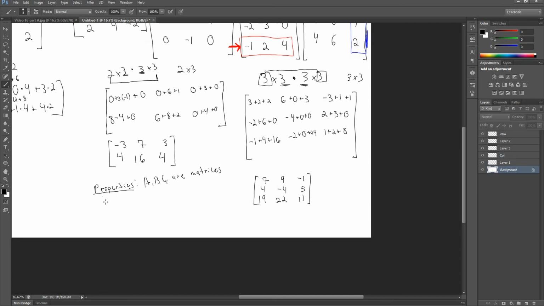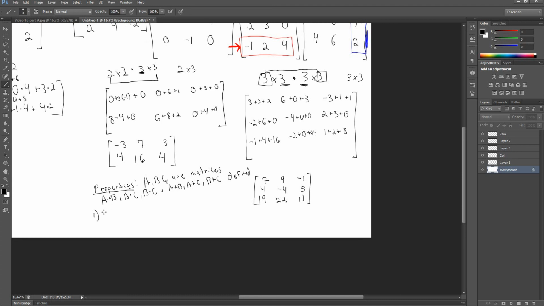And then we also need to have AB, so A times B, A times C, and B times C. We also need A plus B, A plus C, and B plus C to all be defined. In other words, their order matches up.